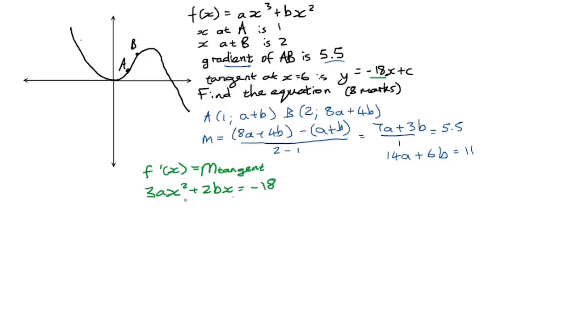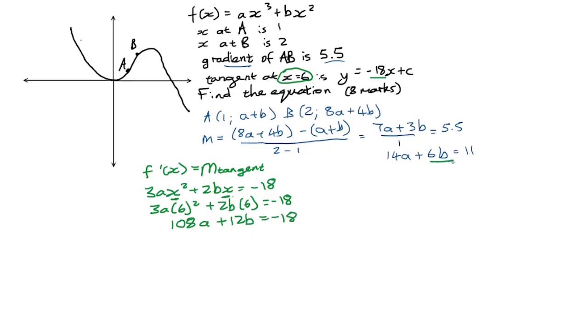If I ever wanted to look at something slightly more attractive, because this is still a little bit awkward, I can always sub the x value where it happens, and they told us the x value where it happens. So I'm just going to put the x values in. It's a helpful tip for getting further whenever you feel stuck. So that gives me 108a and 12b and minus 18.